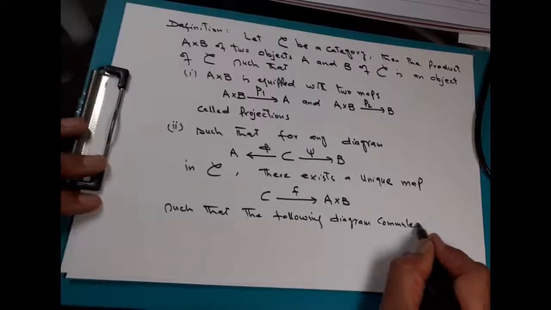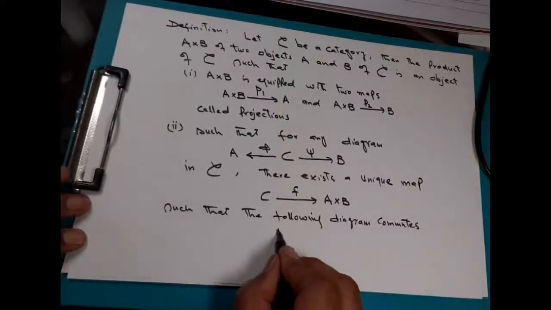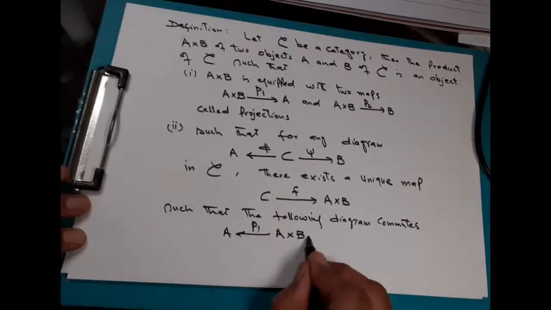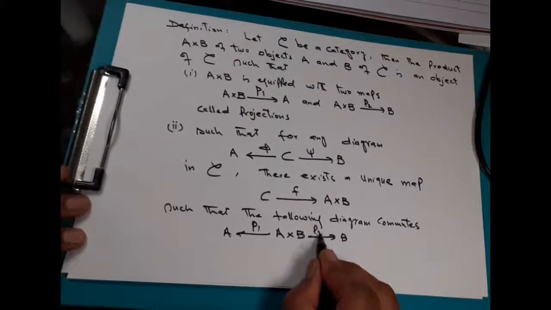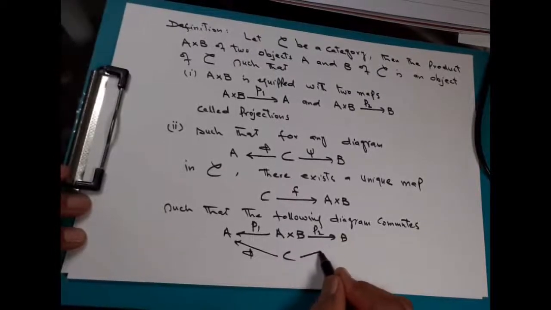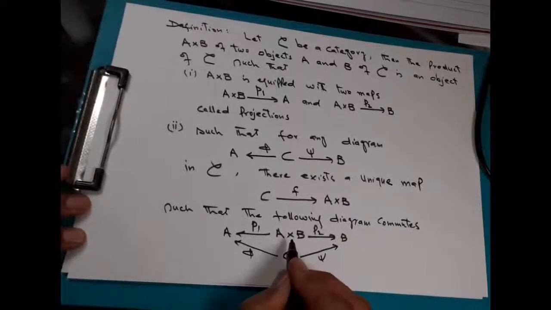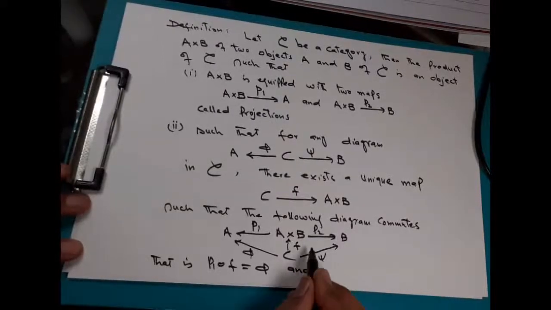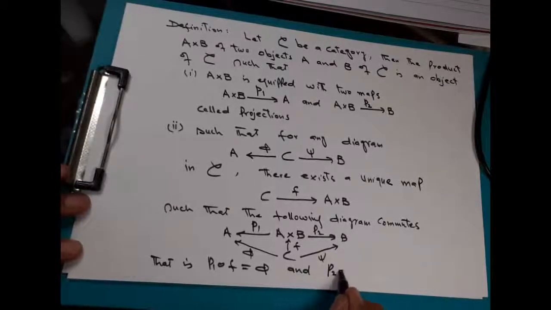And you understand this diagram very well now. This is the product, and this is the first projection and this is the second projection, and from C we have two maps, phi from C to A and psi from C to B, and there has to be a unique morphism, a unique map F from C to A cross B. And this diagram commutes means that P1 composed with F is equal to phi and P2 composed with F is equal to psi.